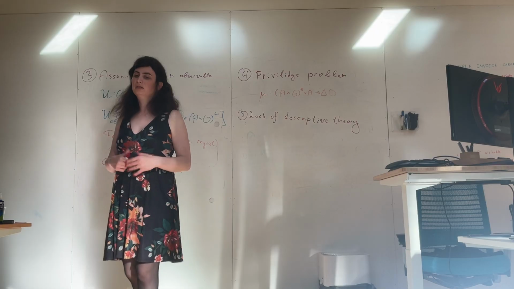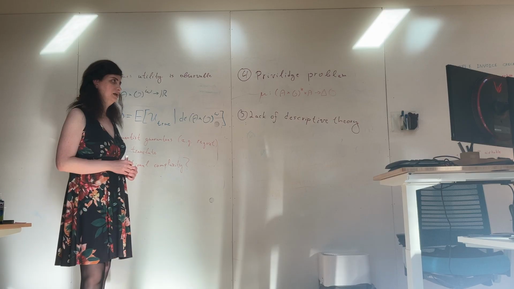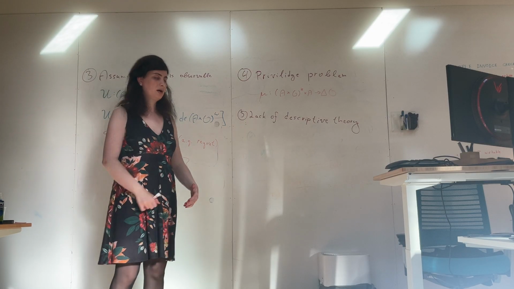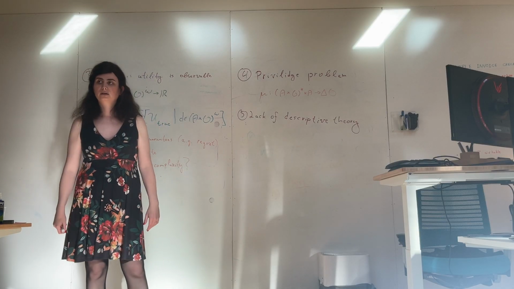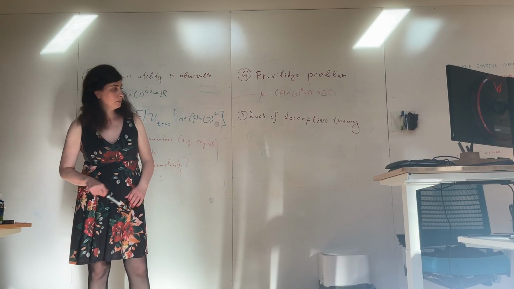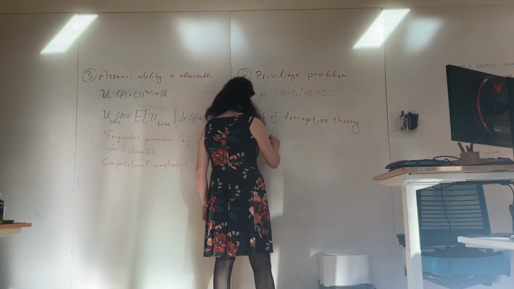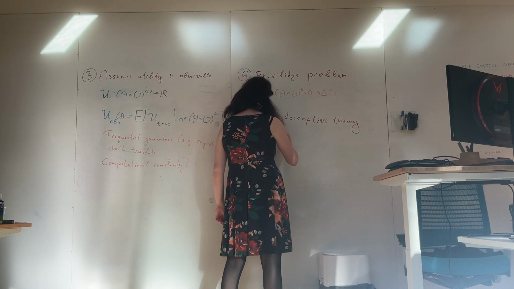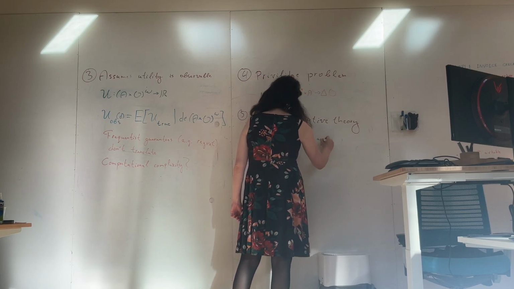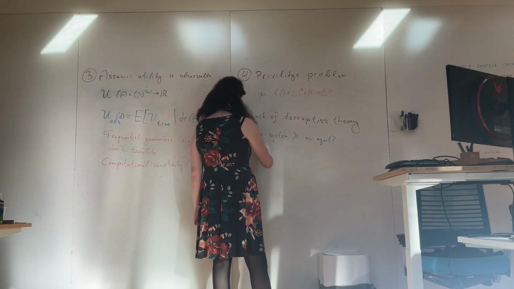But when we want to take a descriptive perspective, we have some systems in the world, and we want to ask, is this system an agent? Is a particular system X an agent?